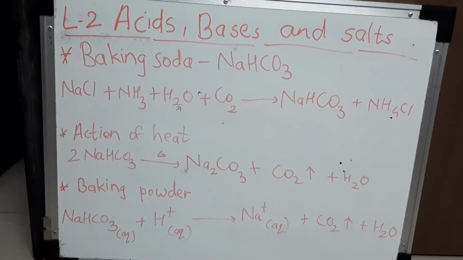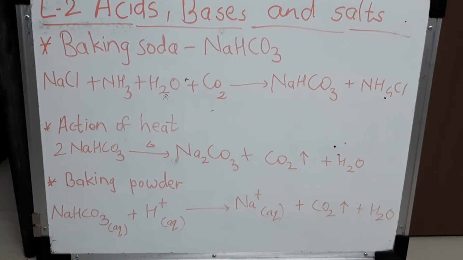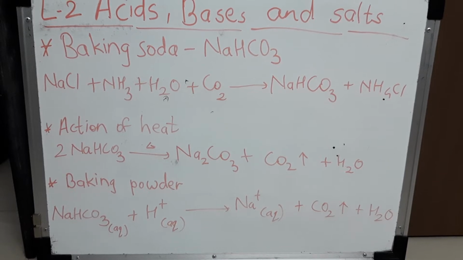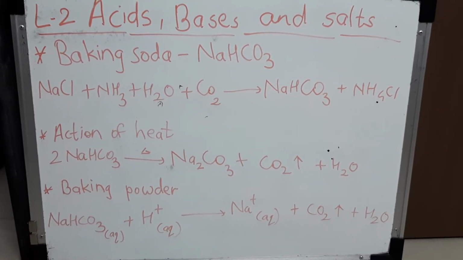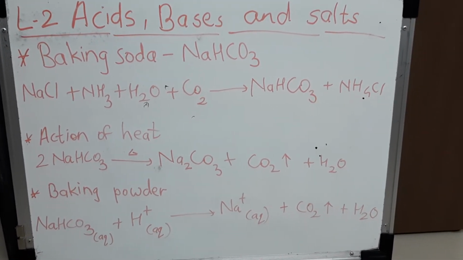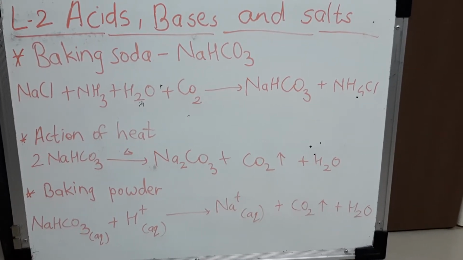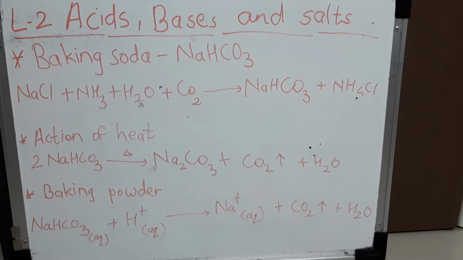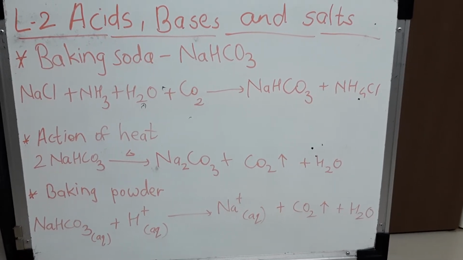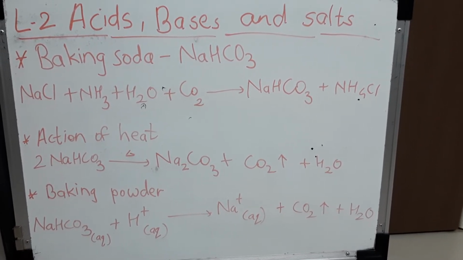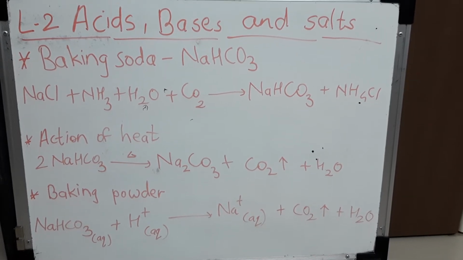So in this reaction you can see sodium bicarbonate which is present in dough. It reacts with tartaric acid present in baking powder, H plus aqueous. So baking powder is a mixture of sodium bicarbonate and tartaric acid, any edible acid. We are getting sodium tartarate salt.